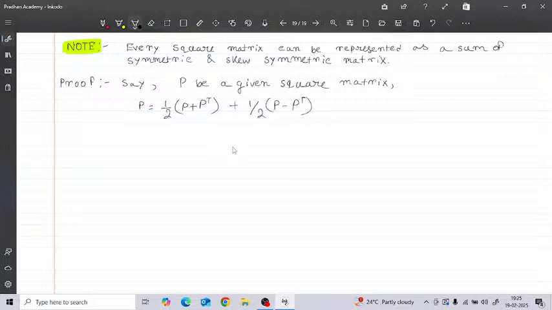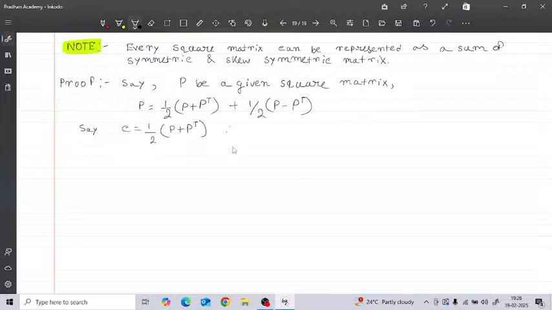Okay, you can clearly see from this that half P and half P will be added and become P, and the half of P transpose and minus half of P transpose will cancel out. Now we have to prove that one of them is symmetric and the other is skew symmetric. Then our job is done.